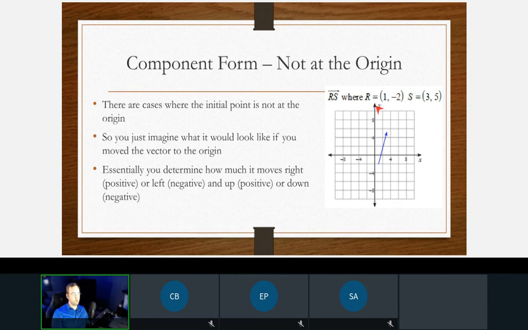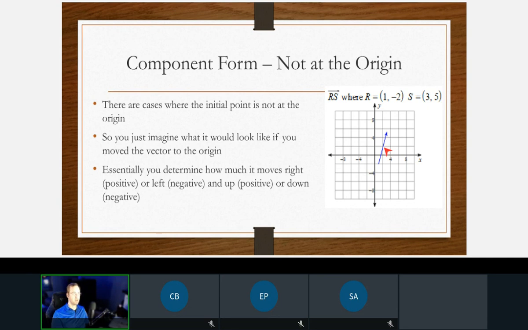So we have this point. We have vector rs, where your r is at 1, -2. So there's that point, 1, -2. And your s, your terminal point, is at 3, 5, right here. So all you got to do, like this second bullet point says, is imagine you're taking this vector and you're just sliding it over so your initial point starts at the origin.